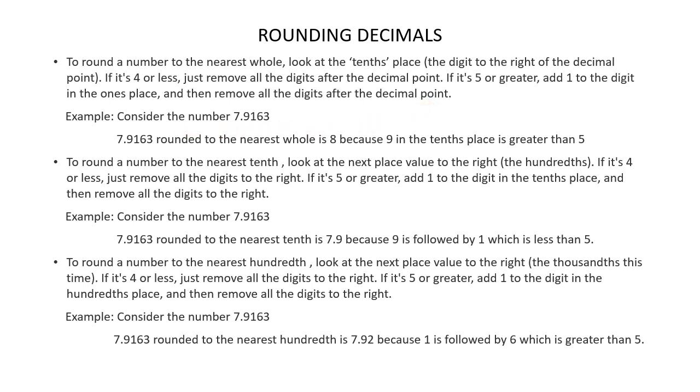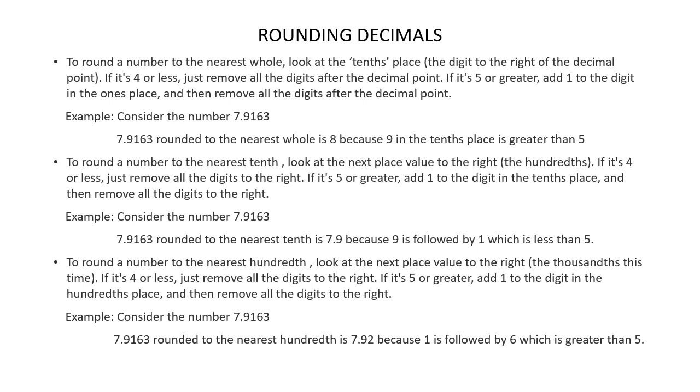Now consider the number 7.9163. Now you have to round this decimal number to its nearest whole number. So look at the number in the tenths place. The number in the tenths place is 9.